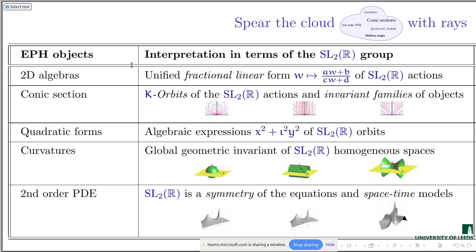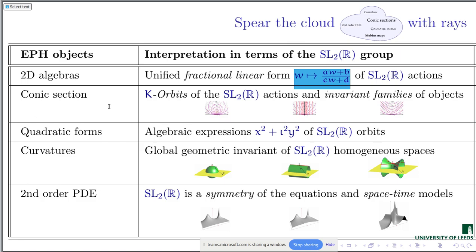Here is the summary table. Initially we have this cloud of objects which, as I said, are good neighbors but maybe not relatives. And we finally discovered that all of them are related to Moebius maps. If we take two-dimensional algebras, then they help us to describe fractional linear transformation as an action of SL2(R) in a natural way.